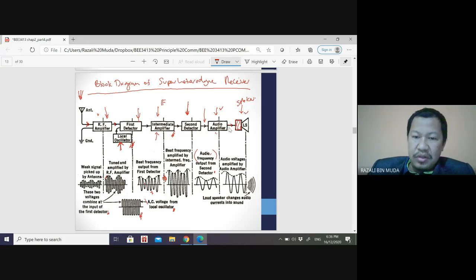The loudspeaker changes audio current into sound, so you can hear the signal from the speaker. So this is basically the working diagram of the superheterodyne receiver.